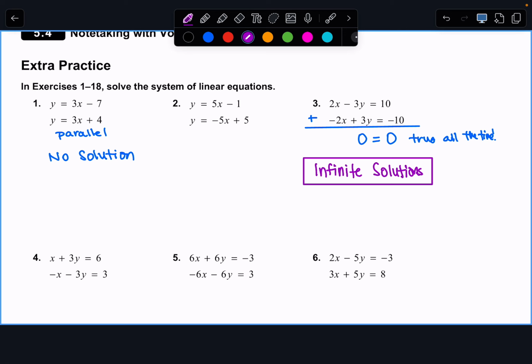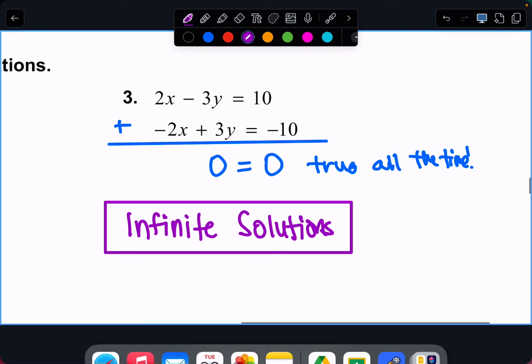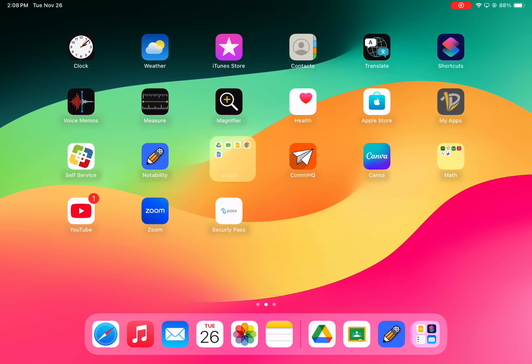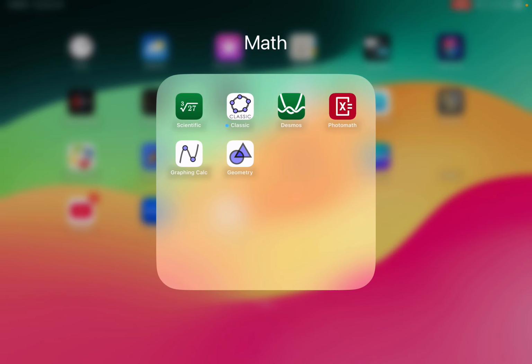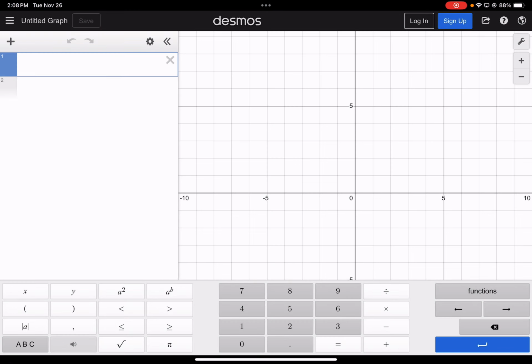Now what I'm going to do is go to Desmos and type this in. The first one was 2x minus 3y equals 10.